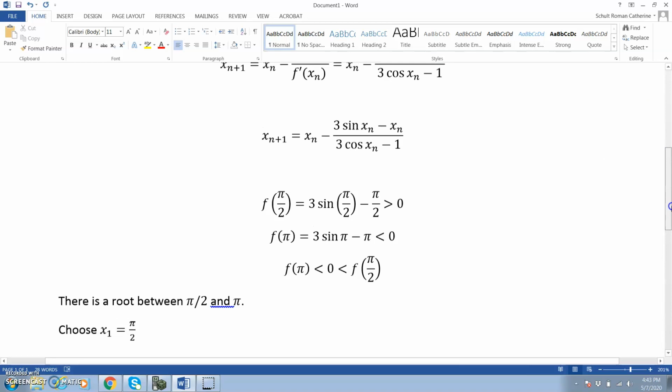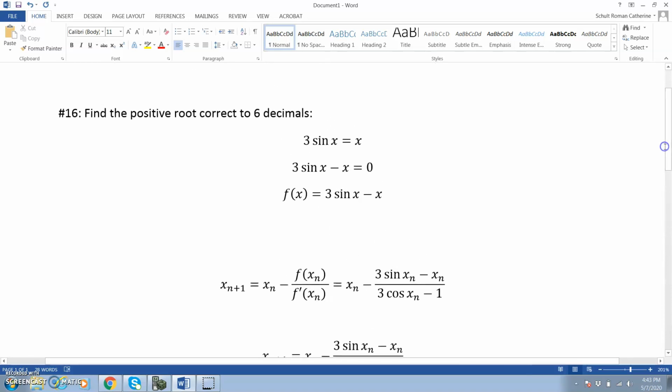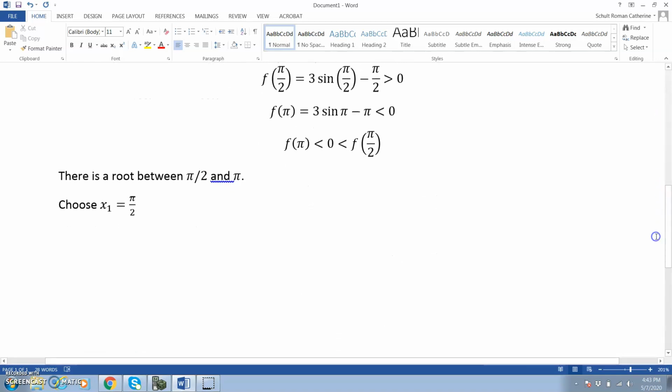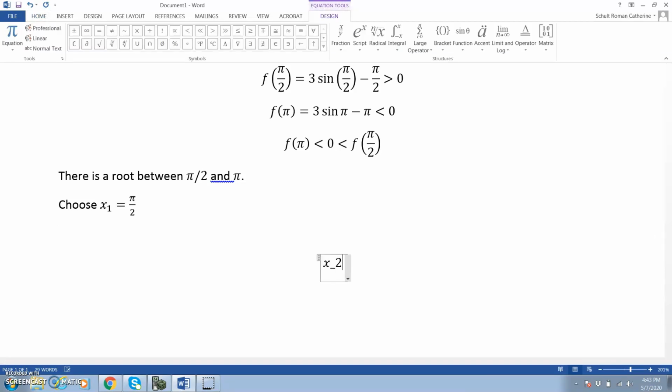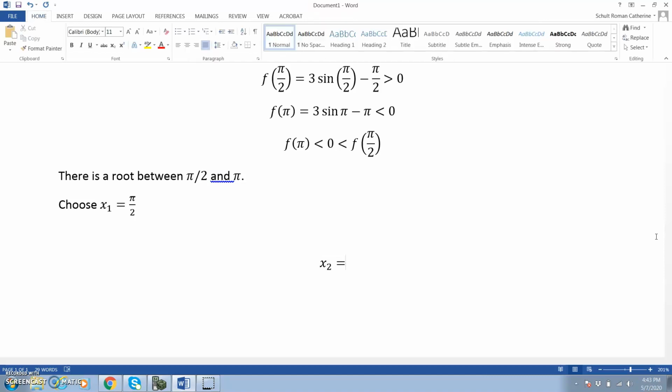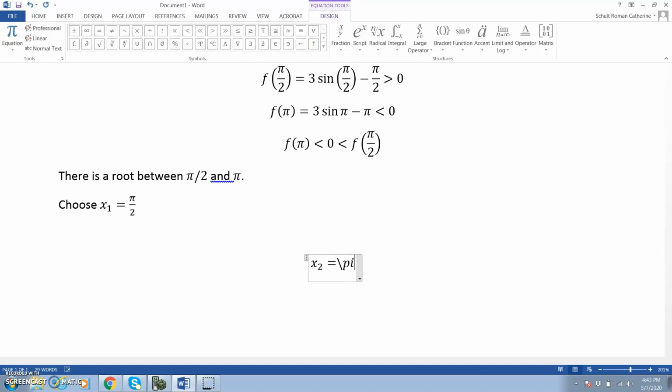Now that we have our x of 1, we can figure out our x2, our x3, x4, et cetera, until we get how accurate? Until 6 decimals are steady, are stable. So we have our x1, and we're going to find x2 using Newton's method. So x2 is going to be equal to x1, so pi over 2, minus, and then we have our function.